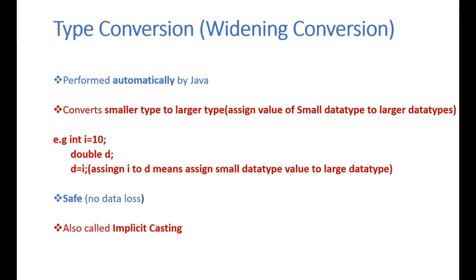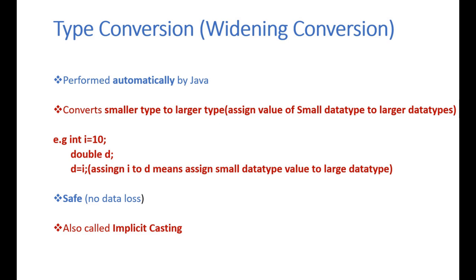Suppose a person is sitting on a chair, and suddenly I ask him to be seated on a sofa. It is very easy for him because a sofa is quite comfortable to sit on. In a similar way, if we are storing some data in a smaller space and we ask it to be stored in a bigger space, it is quite easy and comfortable.